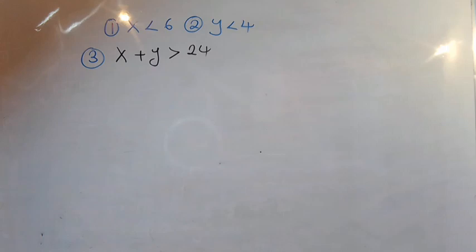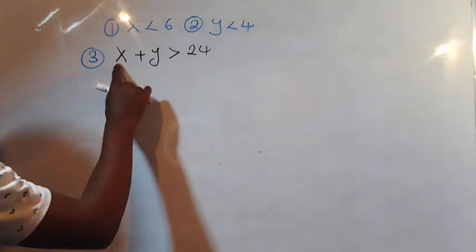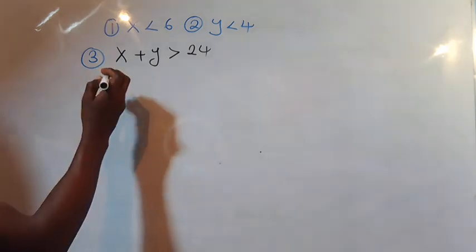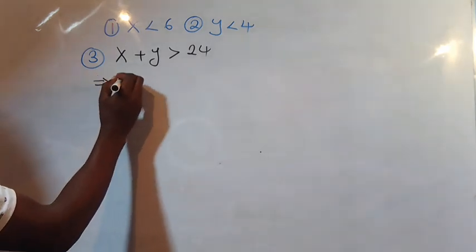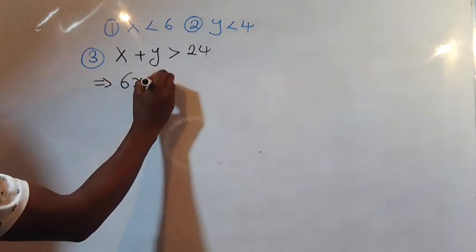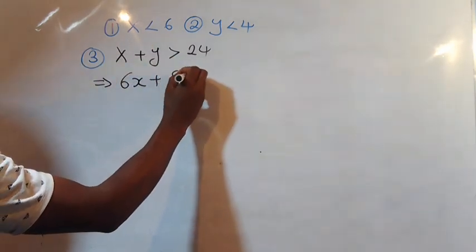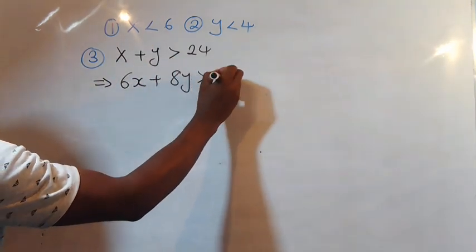Now John's sweets were 6 times, so 6x, plus for Joseph 8 times, so 8y greater than 24.